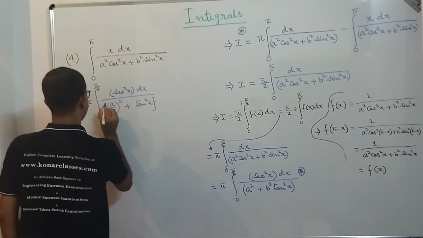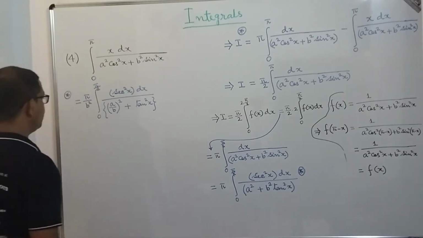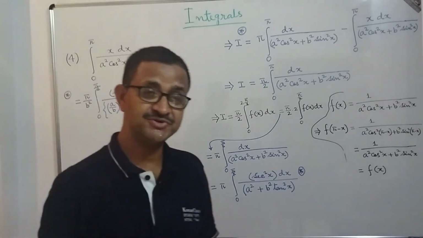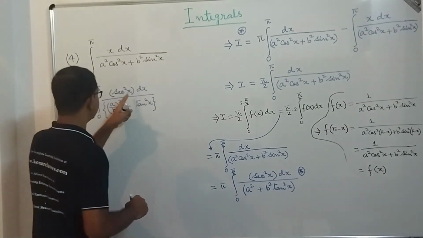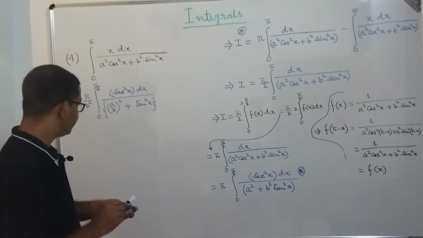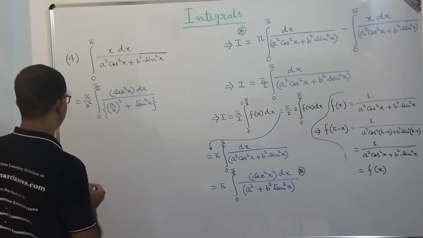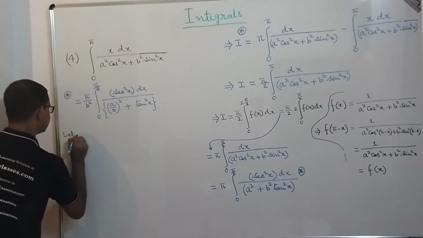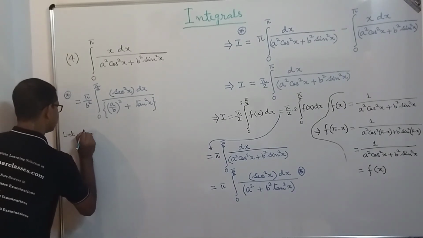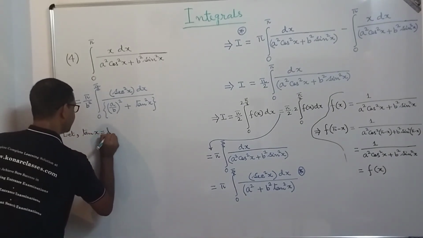Okay. Now, dear students, we need to make a substitution. That substitution is tan x equal to t. If we make tan x equal to t, then sec square x dx will be dt. That is why we should have this substitution. So let tan x be equal to t.